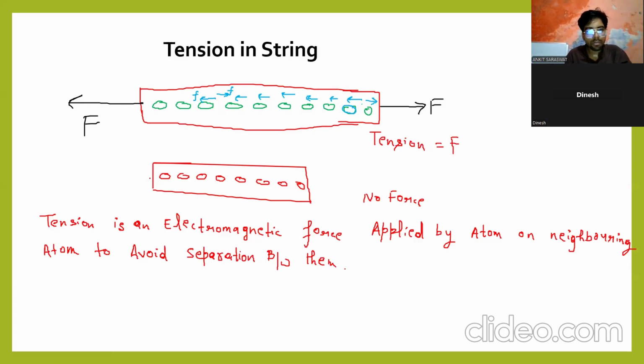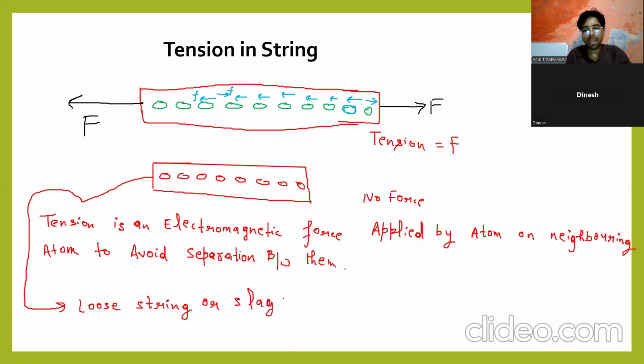No force means, you can write here, this is loose string or slack string. Slack means we are not applying any force. It is in a loose condition. It means tension is zero. So tension will be there only when there is an applied force. If there is no applied force, it is clear, zero.